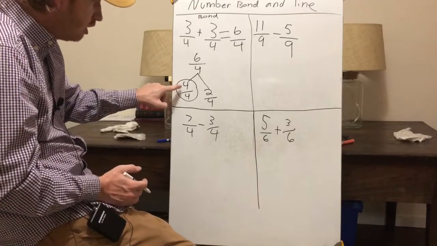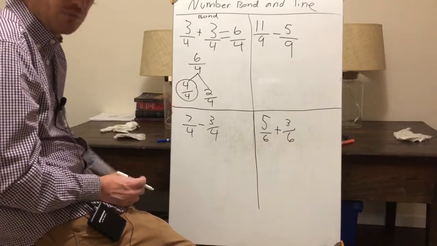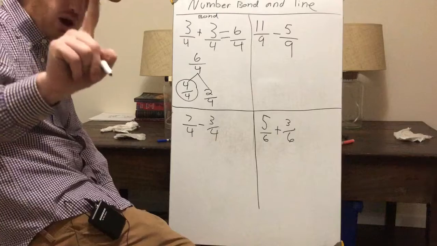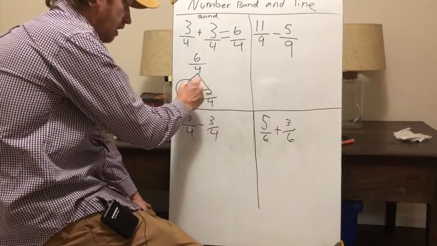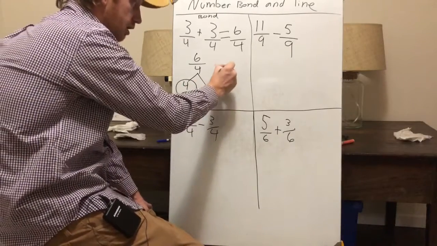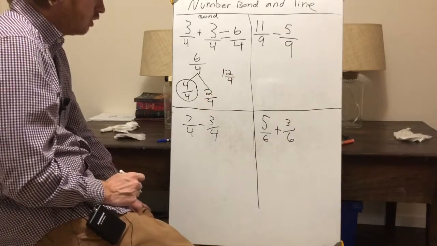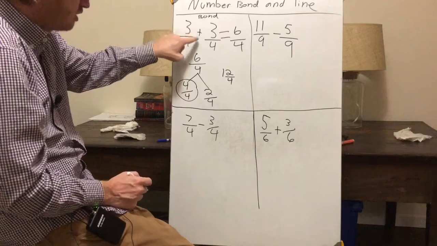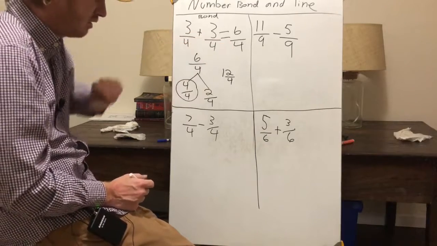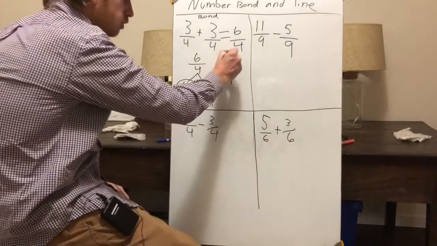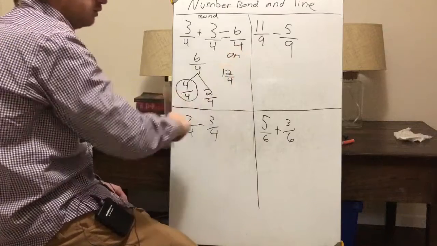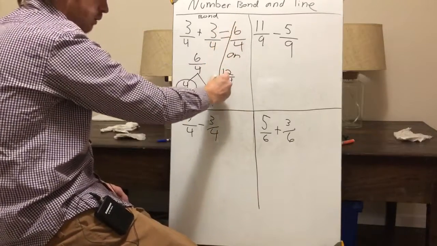Whenever the numerator and the denominator are the same number, that's the same thing as 1. So I have 1 and 2/4. So 3/4 plus 3/4 equals 6/4, or you could write it as 1 and 2/4. Either way works.